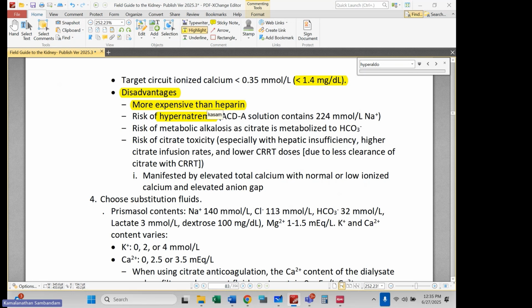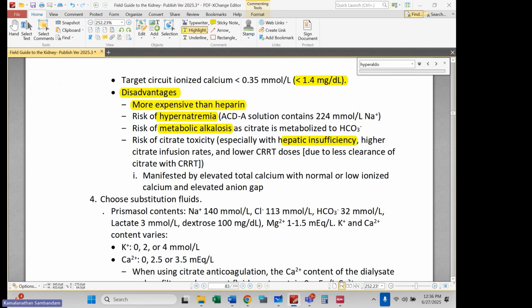You don't typically get hypernatremic, but it is a risk when you're giving higher flows. The citrate is metabolized and generates bicarbonate. It's not directly metabolized to bicarbonate, but the metabolism of citrate generates bicarbonate, and so metabolic alkalosis can occur.